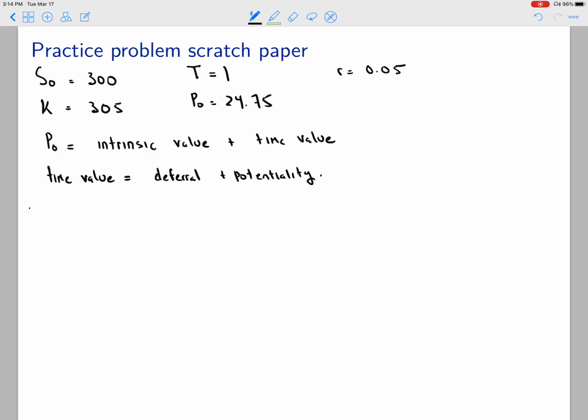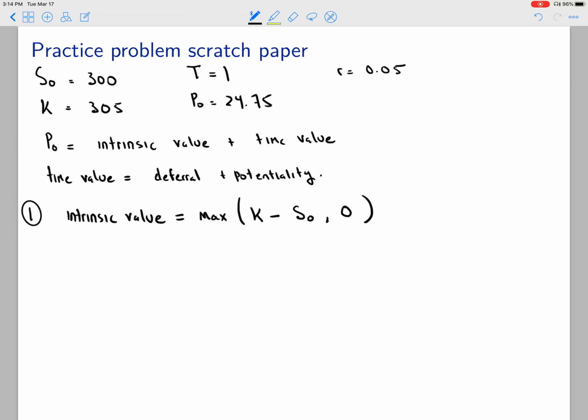Let's start with part 1, which is to calculate the intrinsic value. Intrinsic value of a put is just its tangible value. It's the value of the put if it were exercised today. It's the maximum of the strike K, which is what we receive, minus the stock price today, S0, and 0.